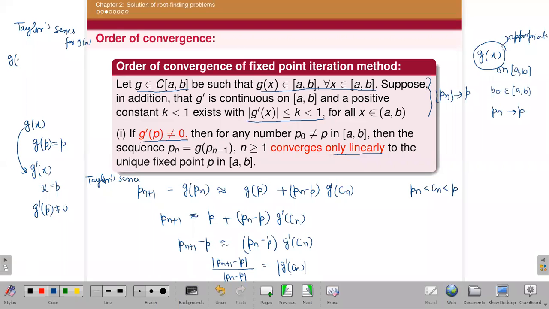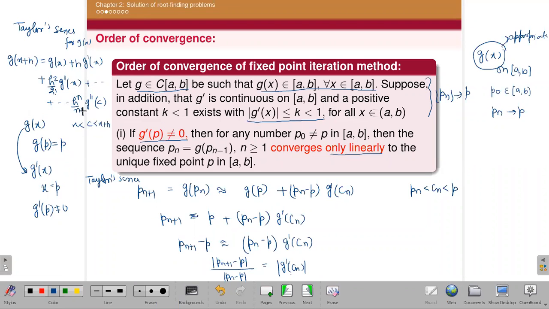I can write the Taylor series: g of x plus h is equal to g of x plus h g dash x plus h square by 2 factorial g double derivative at x, and so on up to the last term h raised to power n by n factorial. If you write the remainder term for it, g double derivative at some point in between, say c, then c lies between x and x plus h.